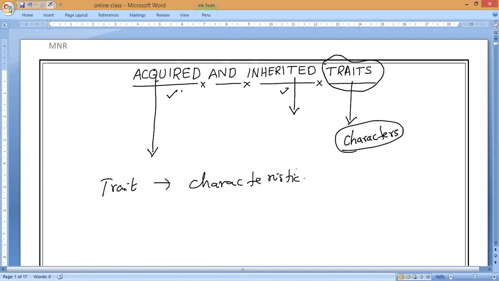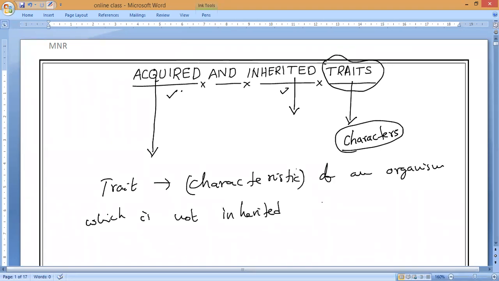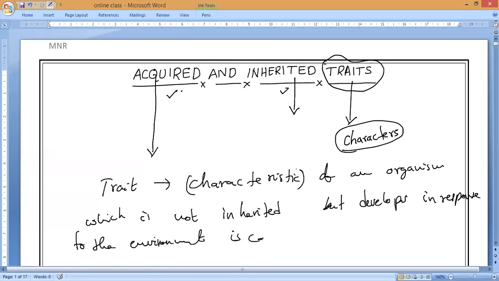So a trait of an organism, whatever it is, which is not inherited but develops in response to the environment is called an acquired trait.